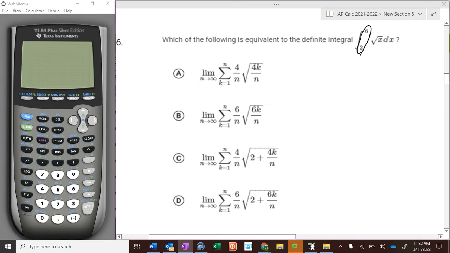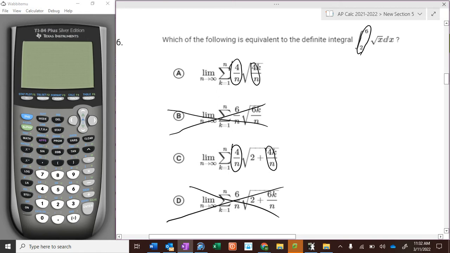What do you do with those two numbers? You subtract those two numbers. 6 minus 2 is 4. So 4 over n would be the width of it. There's a 4 over n. There's a 4 over n. So you know these two don't matter. Okay? And then you need the 4 over n again, which is in both of those.